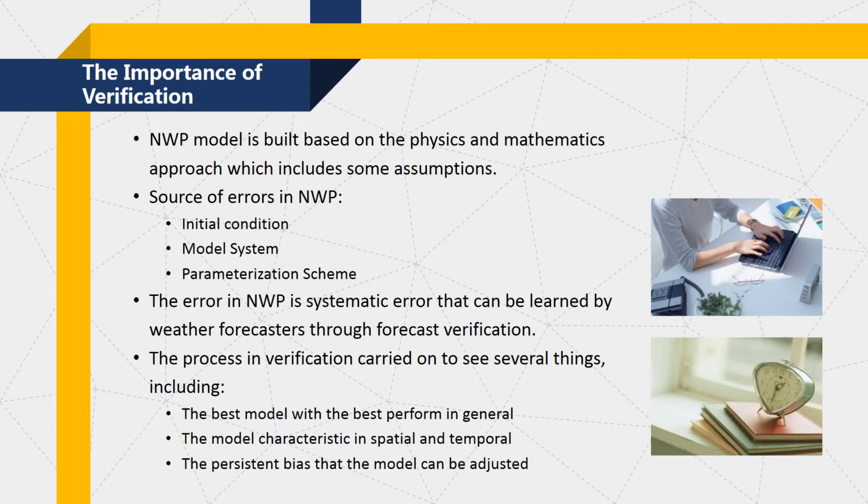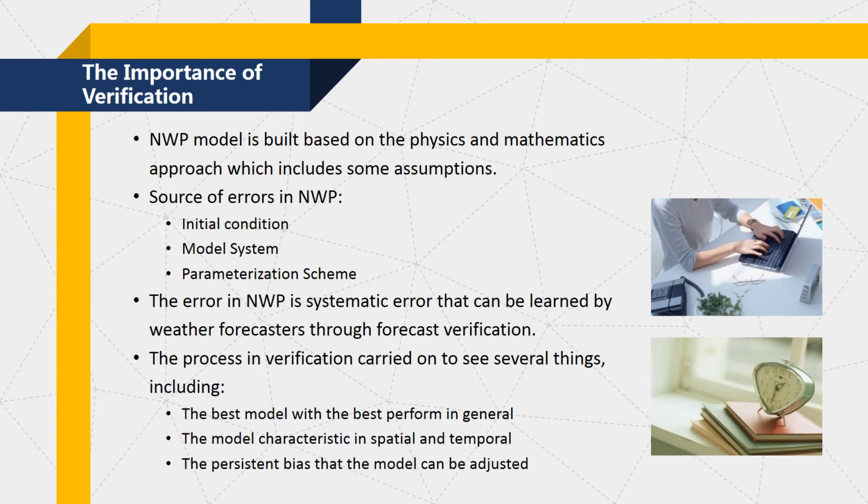The first one, initial conditions, is about assimilation of observational data in the model to build the initial conditions. The second, the model system, consists of the basic or governing equations used in models.